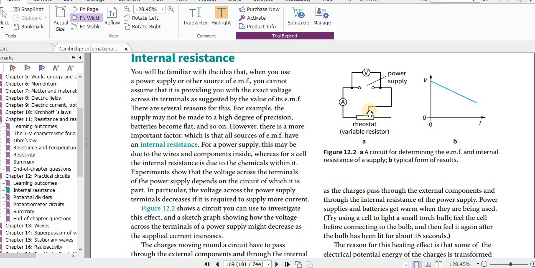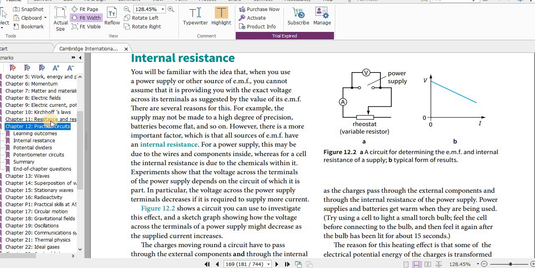Now what happens is, when you move this sliding contact, this arrow represents the sliding contact in the variable resistor. If you move it more to the left, then the length of resistance wire that the current passes through is less. You learned the equation R equals rho L over A in the previous chapter, chapter 11, on resistivity.